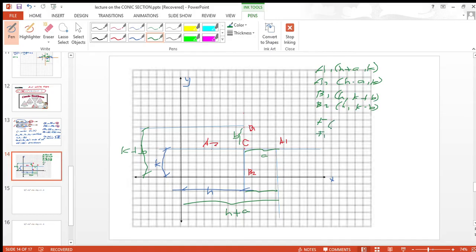So take note of this. This is very important now. Our F and F1 will lie on the transverse axis. So the transverse axis here is the line passing through A1 and A2. But this time, F and F1 will be located farther from the center compared to A1 and A2.